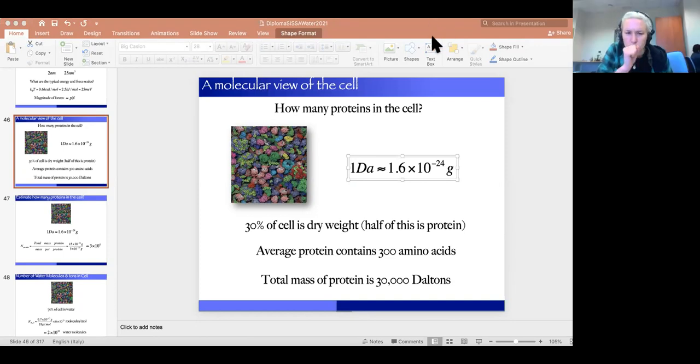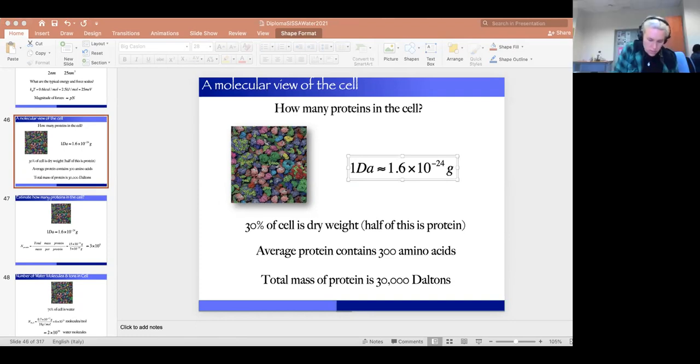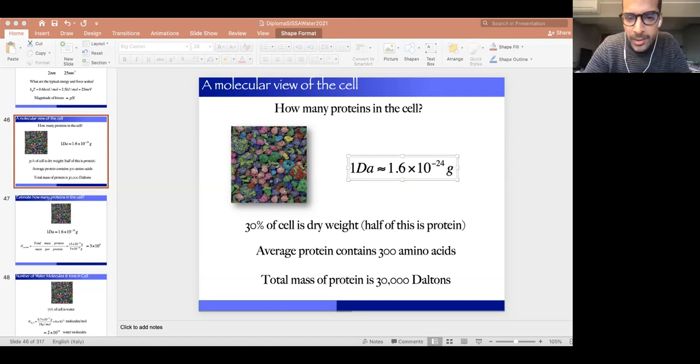What is the weight of a water? The molar mass is 18 grams per mole. Let me put that in the chat: molar mass of a single water molecule, 18 grams per mole. You will definitely need that.